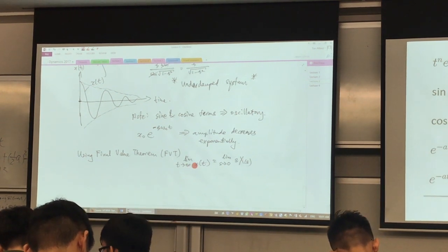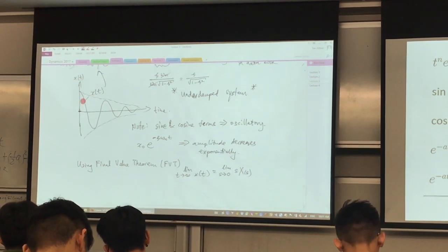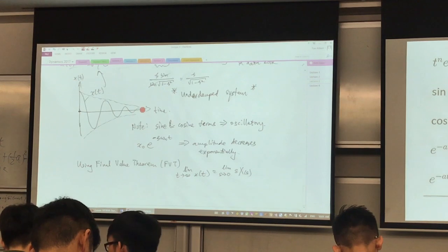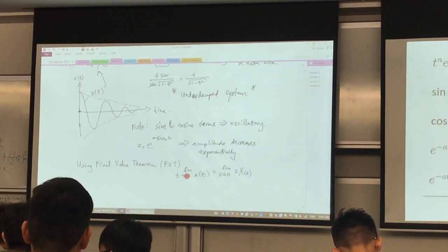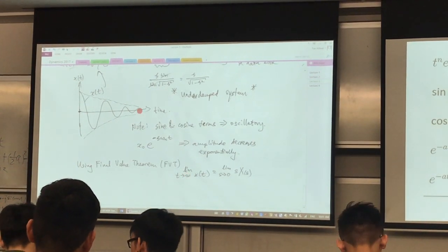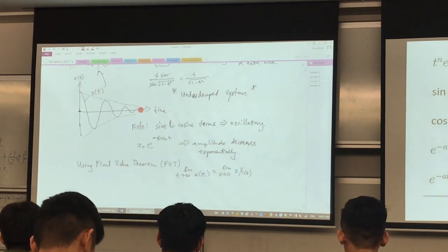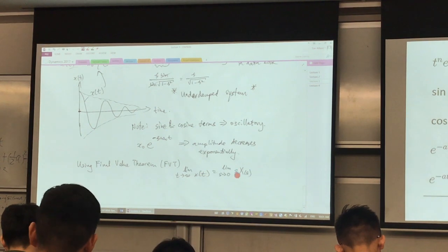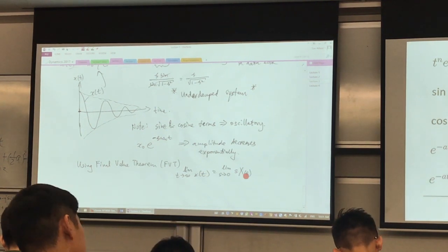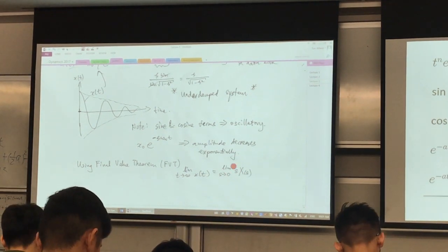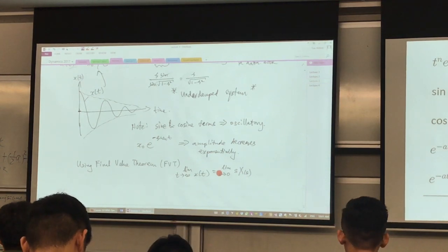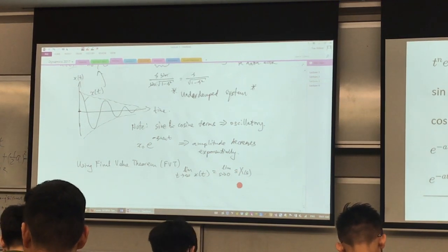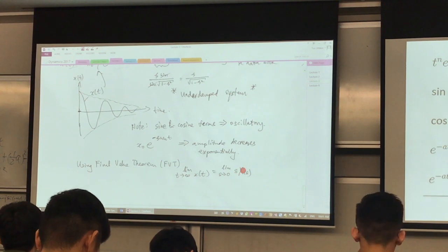What I want is that this x(t), which is this line over here, I want to find out when t becomes infinity, what would be that value, that final value. That's what it means. That's in the time domain. Correspondingly, in the s domain, it's going to be in this form. Why is it in this form? That's because somebody found it out. But how can I make use of that form?